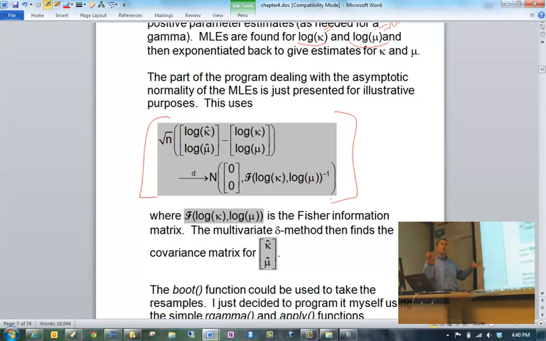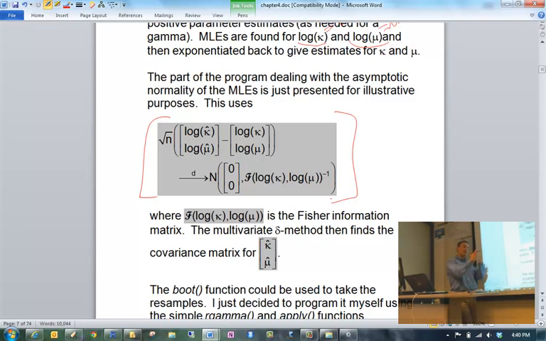And again, what we typically learn in an asymptotic course, this quantity here converges in distribution to a normal random variable with mean 0, because maximum likelihood estimators are asymptotically unbiased, and then you work with the inverted Fisher information matrix as the covariance matrix. We can estimate then the Fisher information matrix with what? The inverse of a Hessian matrix.